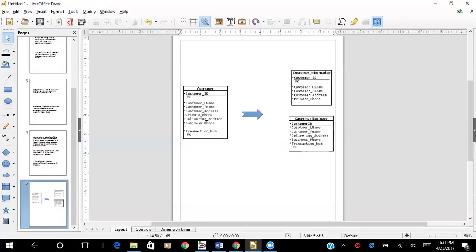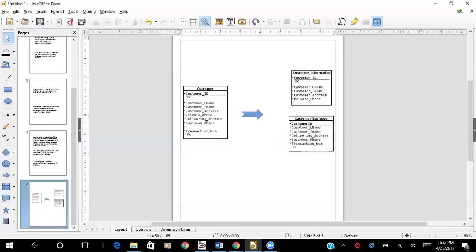And we can have another table with the data for the business: the customer ID, customer last name, customer first name, delivery address, business phone, and transaction number.